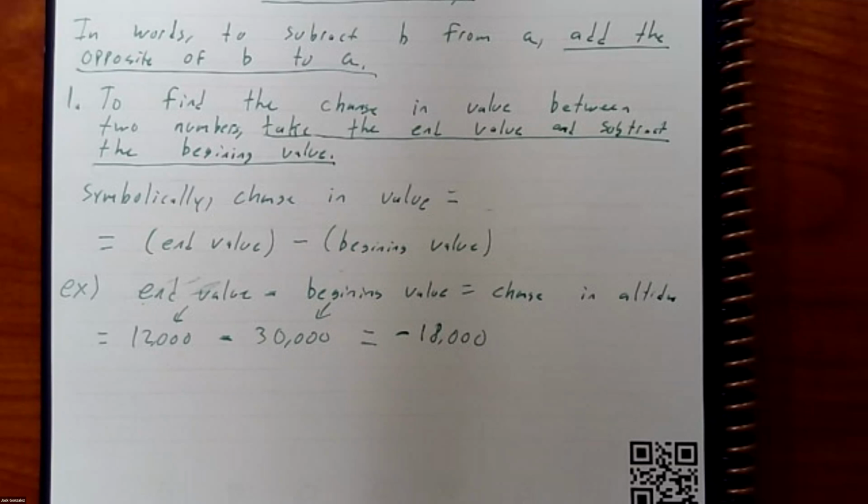Yeah, so the change is negative because we went down. Where are we? Well, we are at 18,000 feet. That's the location we're at, but they want to know what was the actual change. So our change is negative 18. Does that make sense?